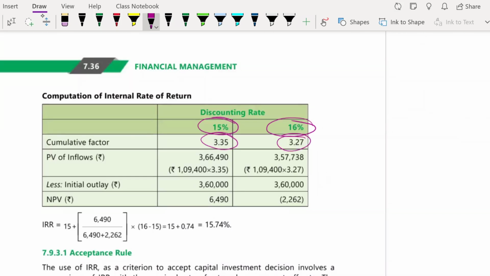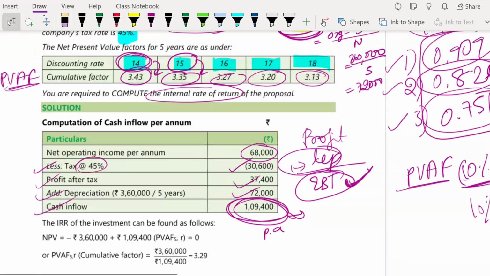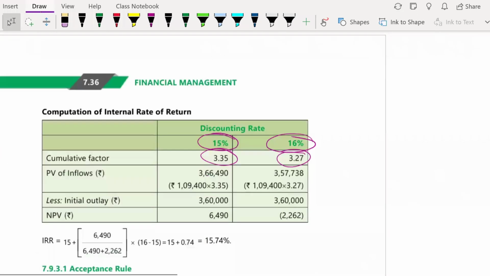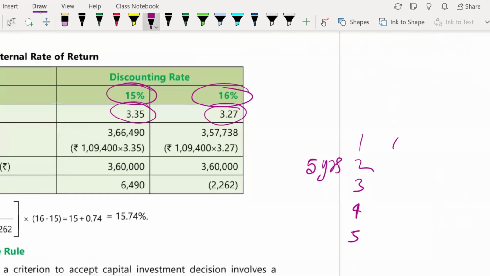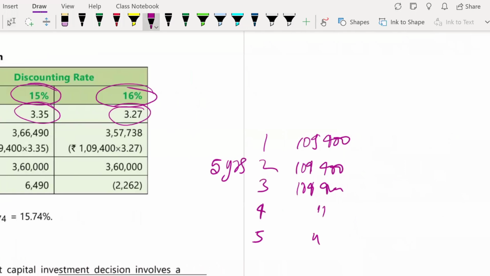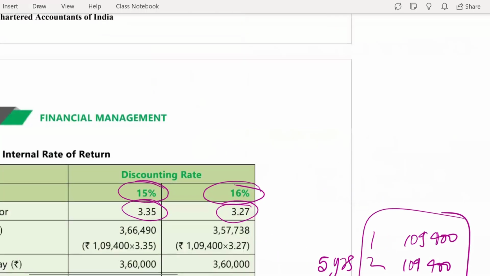The project life is 5 years, right? So for every year, 1 year, 2 year, 3 year, 4 year, 5, all the 5 years you are getting the same cash inflow of 1,09,400, as we found out here.